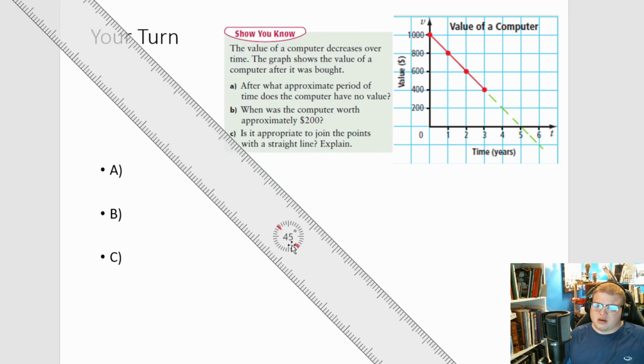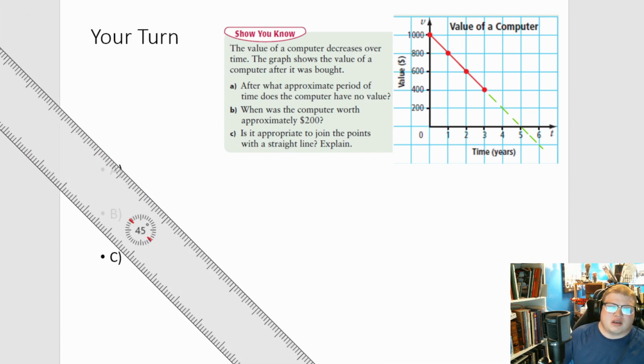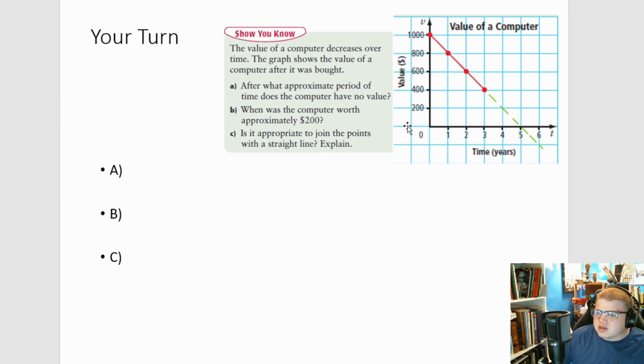And we can see here, you can approximate, it's going to hit 0 at about 5 years, because that's where the line hits here. So at about 5 years is when it hits 0. So the answer for A would then be 5 years.